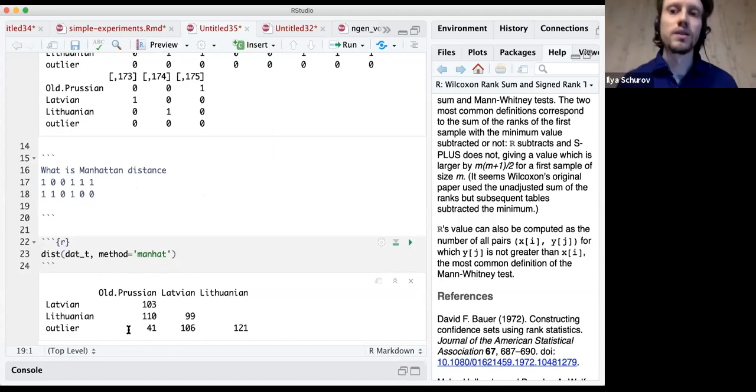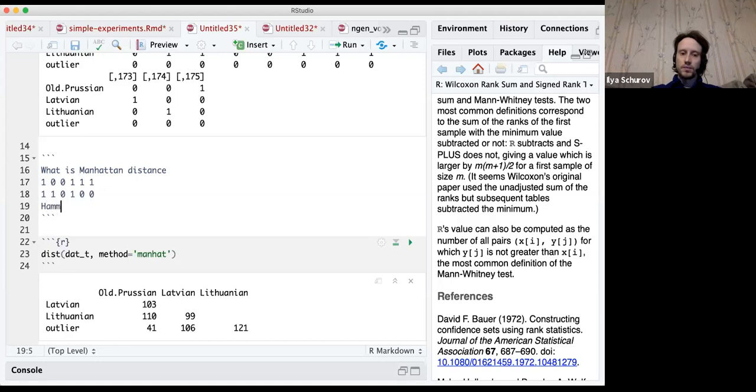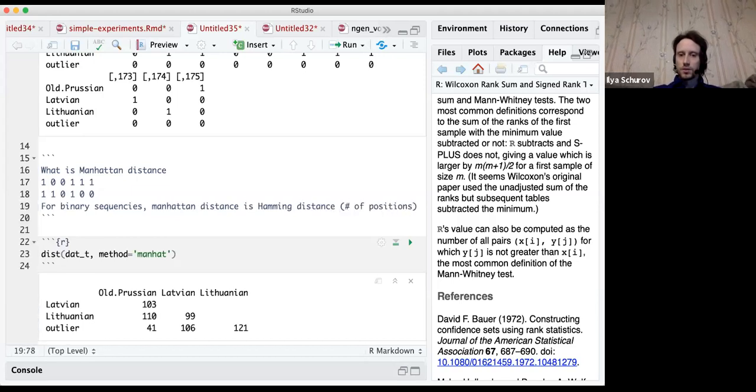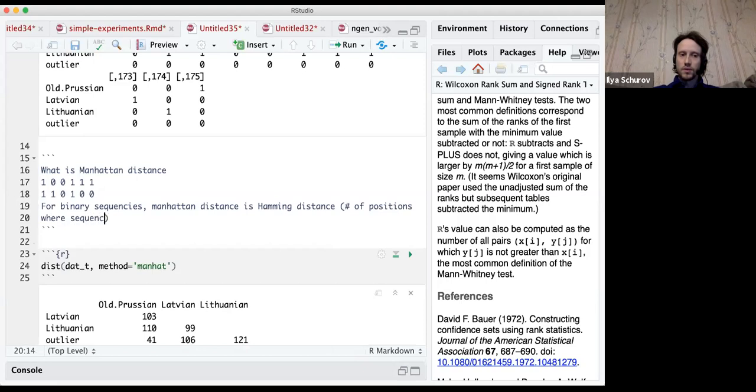In this case, Manhattan distance is also called Hamming distance: the number of positions where the sequences differ.